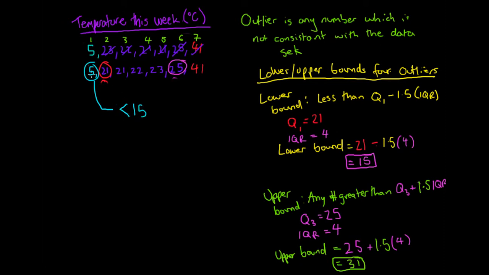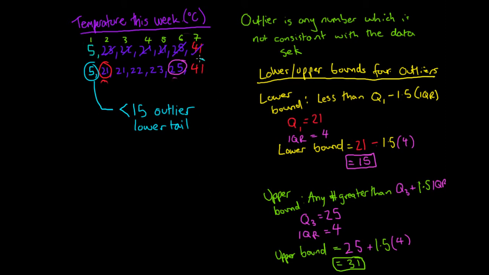So we would say this number 5 is an outlier in the lower tail, because the number 5 is less than 15, it's below our lower bound of 15.